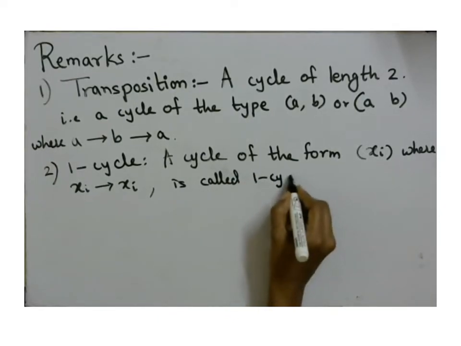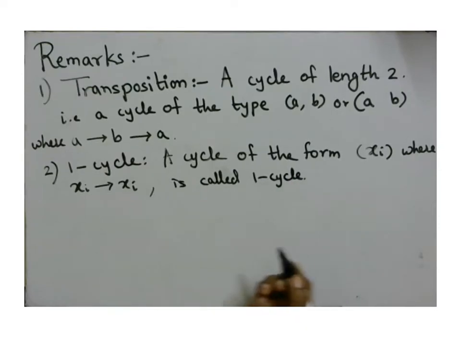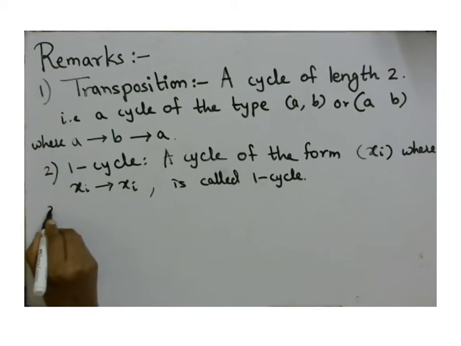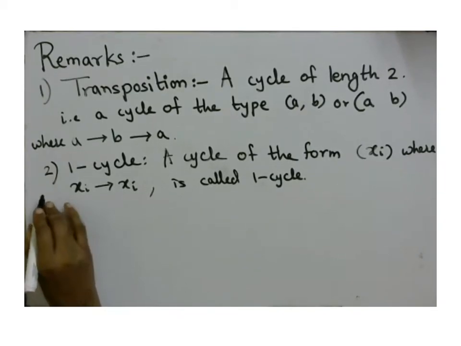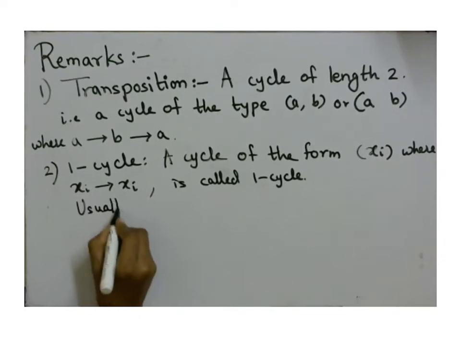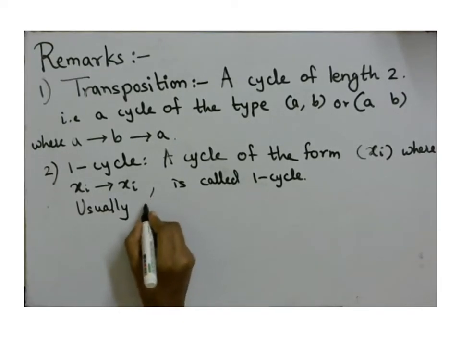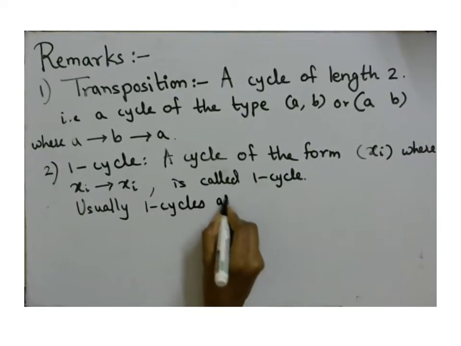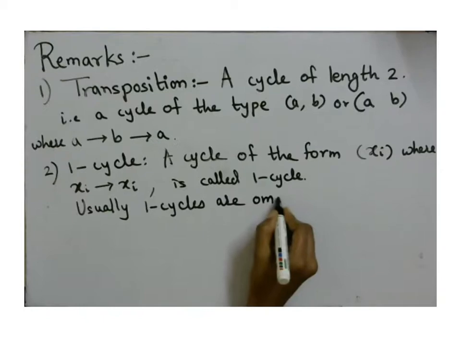When a number maps to itself, then that cycle is called a one-cycle. Usually, one-cycles are omitted while writing.